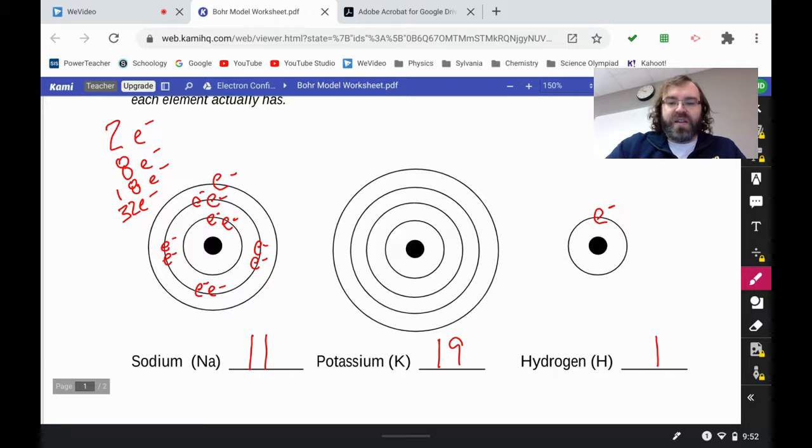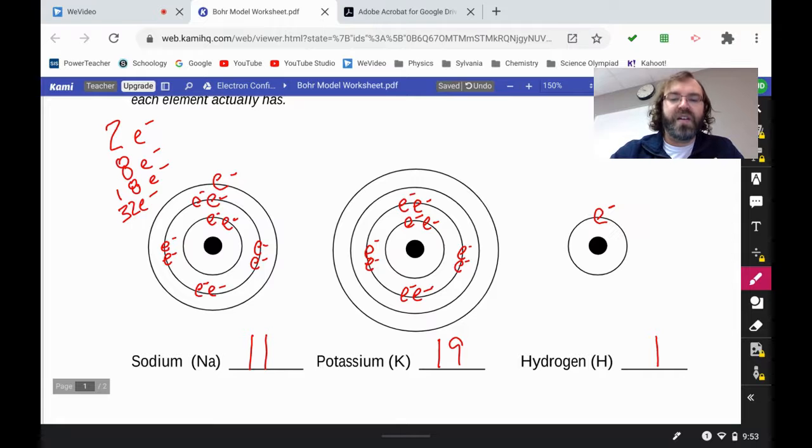Okay, finally getting to potassium. Potassium has 19 electrons. So we're going to do 1, 2 electrons. Then we're going to do 1, 2, 3, 4, 5, 6, 7, 8 electrons. There I've used 10 electrons so far.